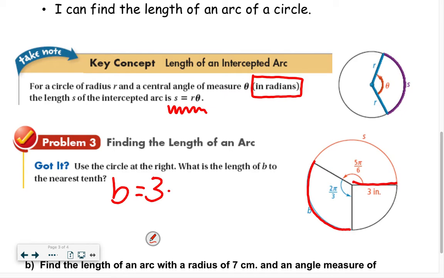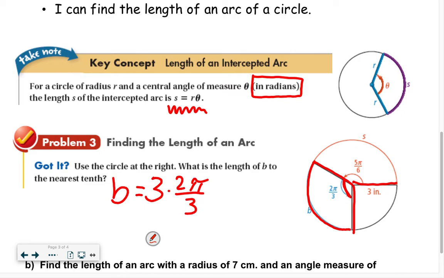If I look at what takes up this arc, it's this angle right here. Kind of what completes the pi. So my central angle is 2 pi over 3. So literally all I have to do is take 3 times 2 pi over 3.